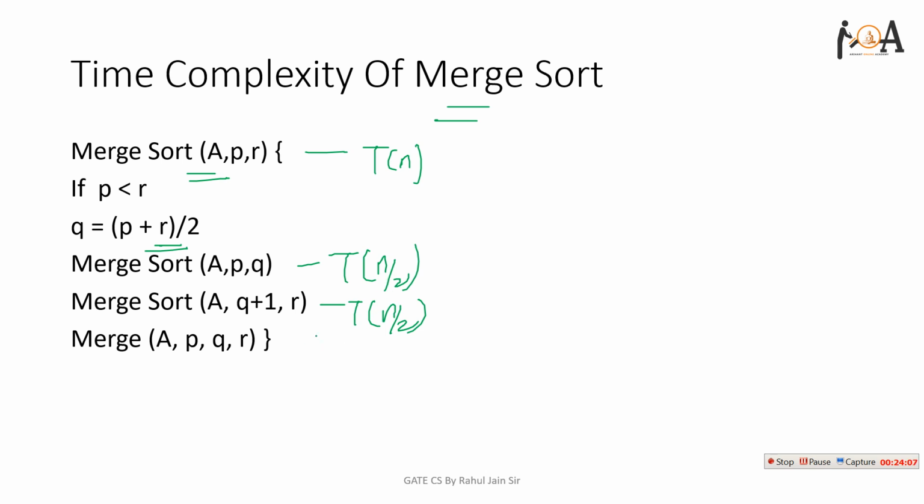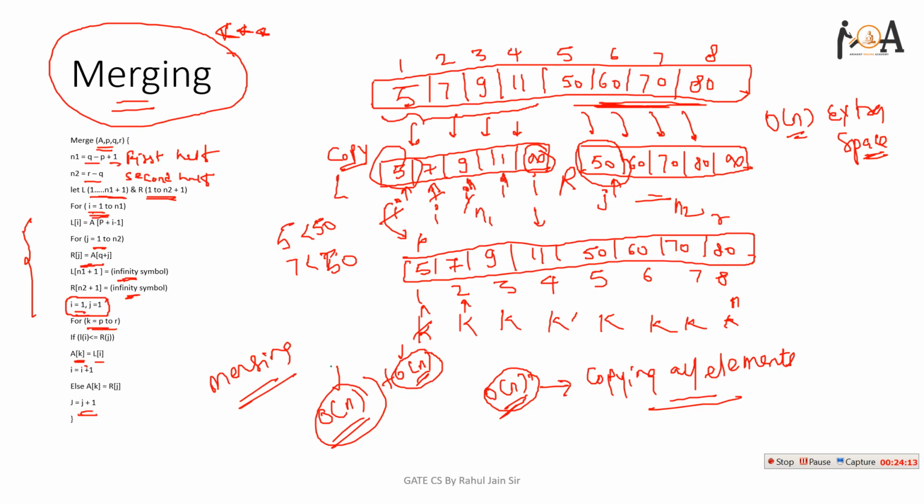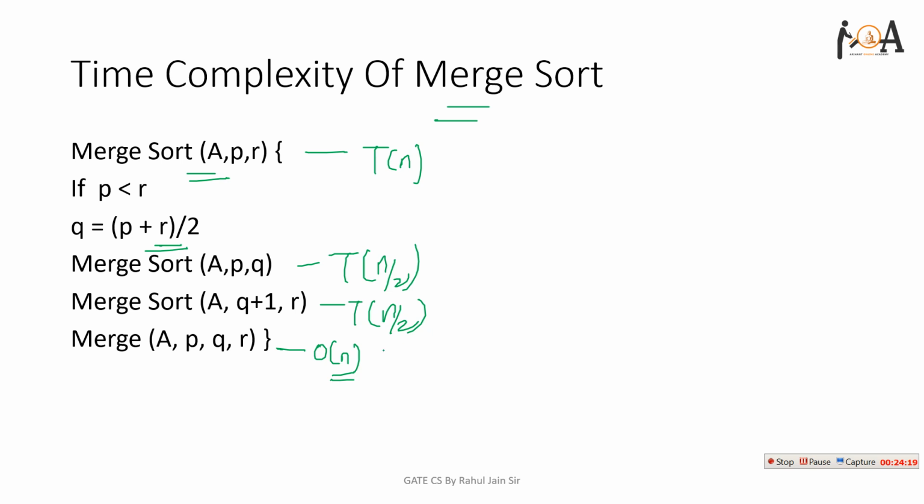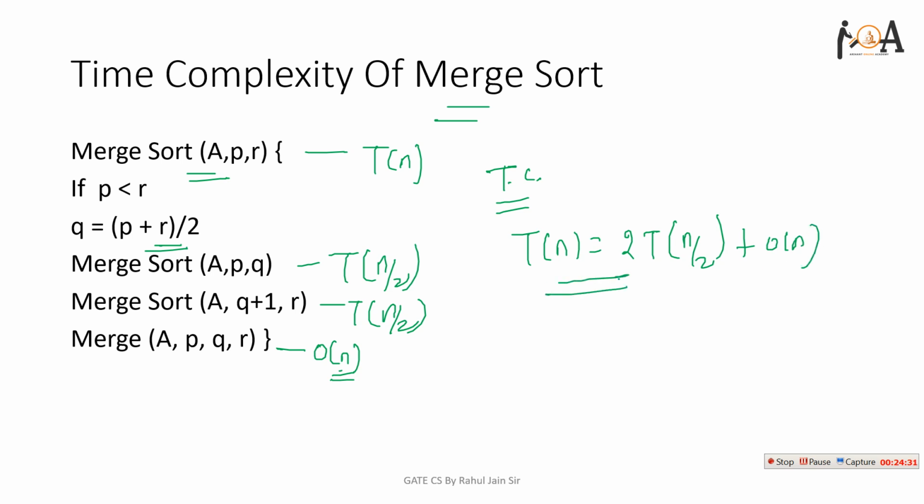So T(n/2), T(n/2). And for merging we require order of n time, as I told you here. So the time complexity equation we are getting here is T(n) equals 2T(n/2) plus order of n.